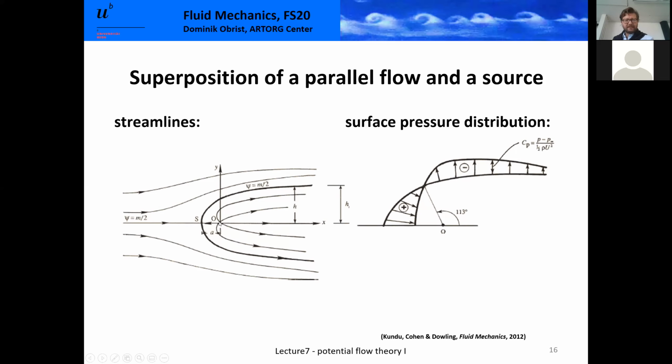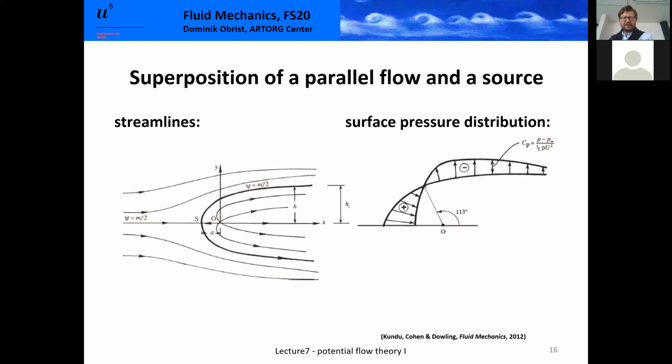And from the right, or at least from where the source is located, we have a source flow coming out of the source in the opposite direction. And the farther away we get from the center of the source, the more this velocity decays. And there will be a point, denoted by S here, where the velocity coming from the parallel flow and the velocity coming from the source exactly cancel each other.